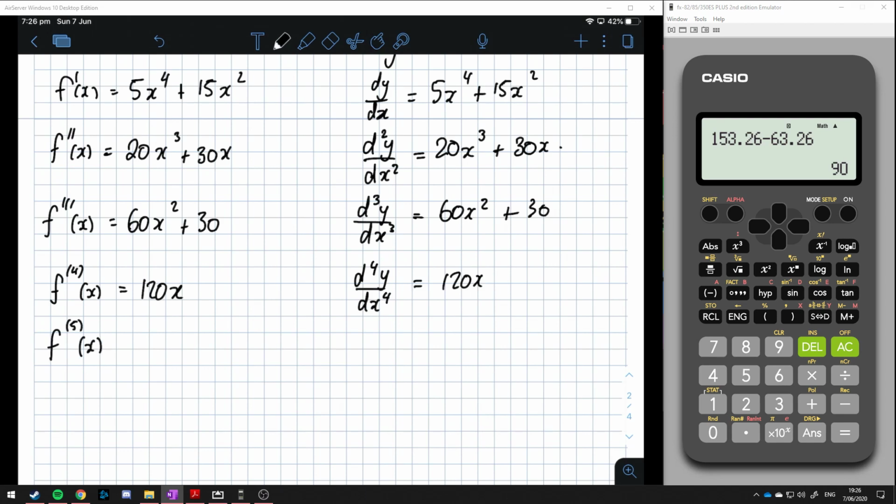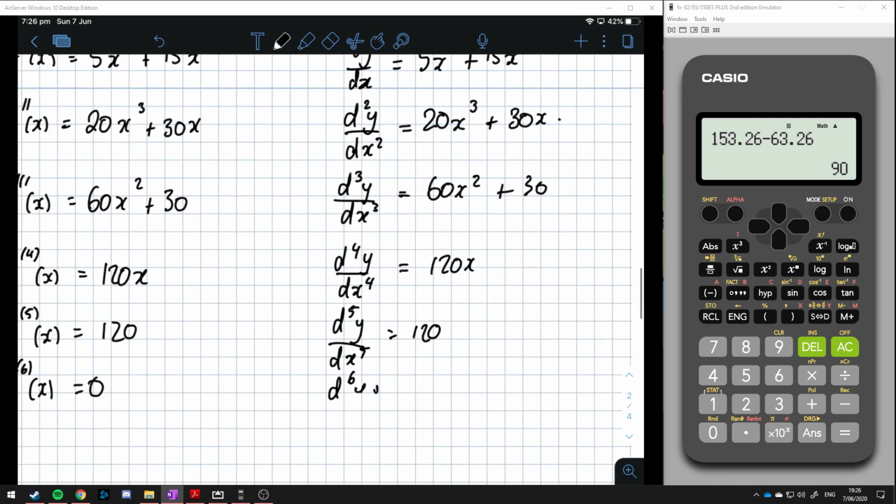You can see where this is getting at. It's eventually going to get to 0. And it gets to 0. So that's basically how low we can go.